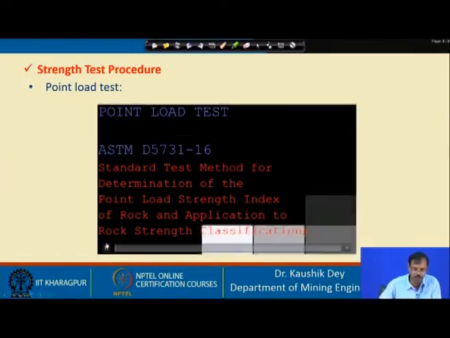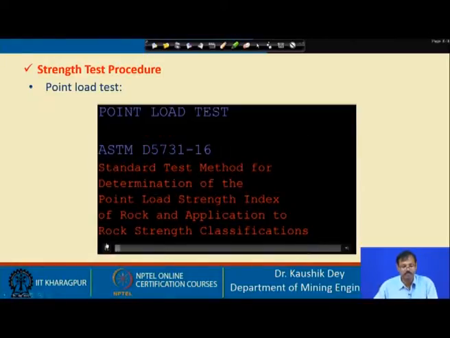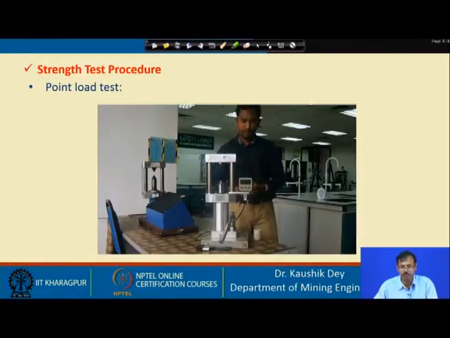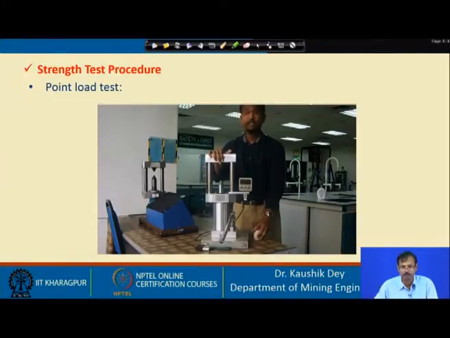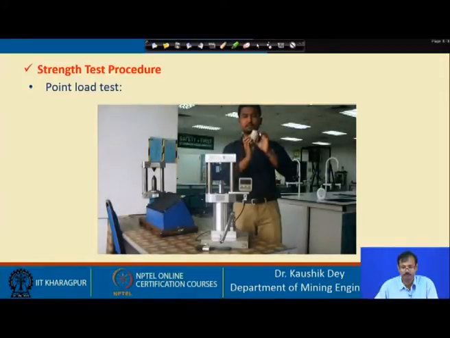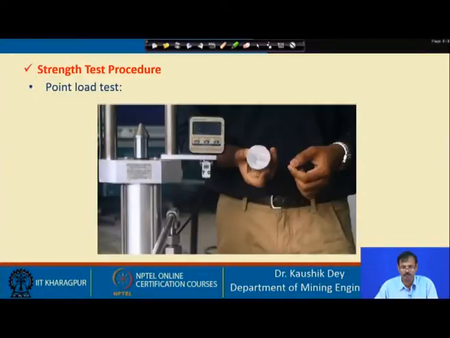Let us see this video. I want to show you the next laboratory test, which is the point load test. This test is used to determine and classify the strength index of rock. If you can see here, I have a sample of rock which is marble, classified as a metamorphic rock, whereby this sample has been trimmed into specific dimensions.